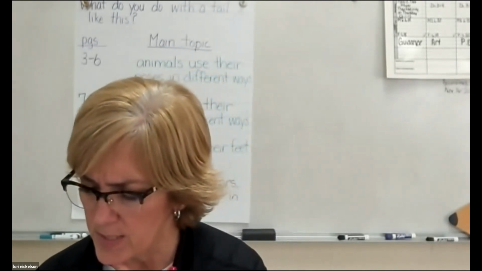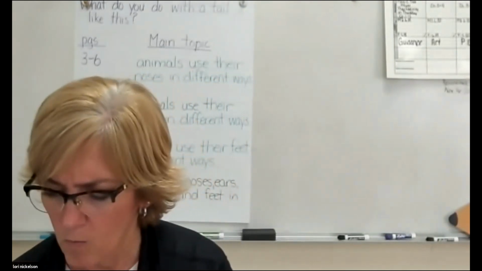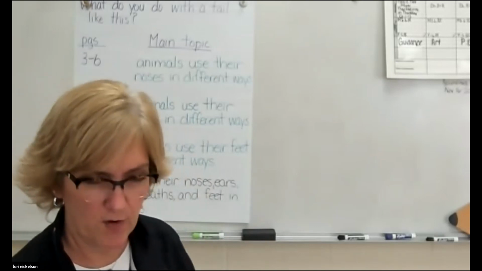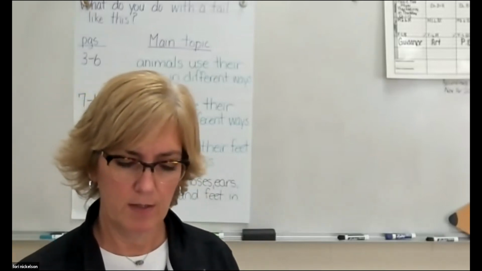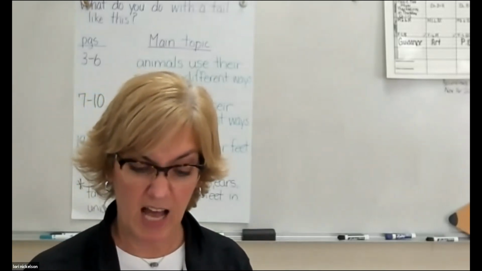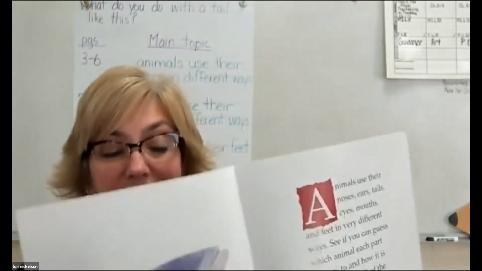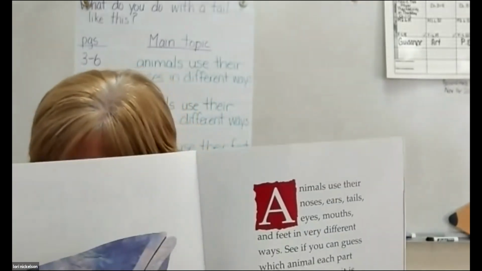Did you notice that what we put up here for our main topic was what the first sentence was in the book? Animals use their noses, eyes, tails, ears, mouths, and feet in very different ways. That's the first sentence in our lesson.